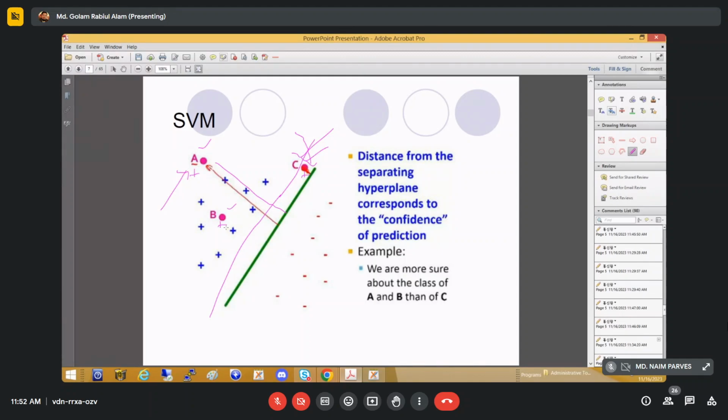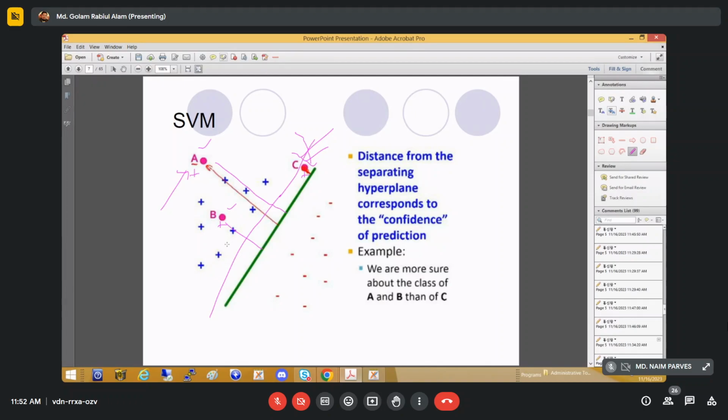And B is also far from our actual hyperplane. We are also confident about the class label of B.